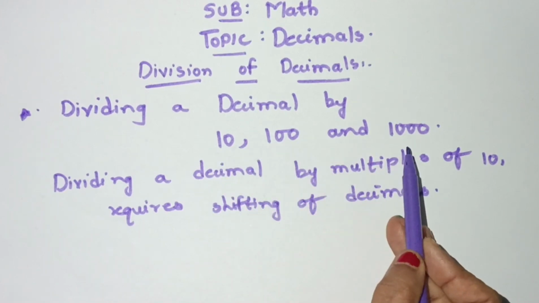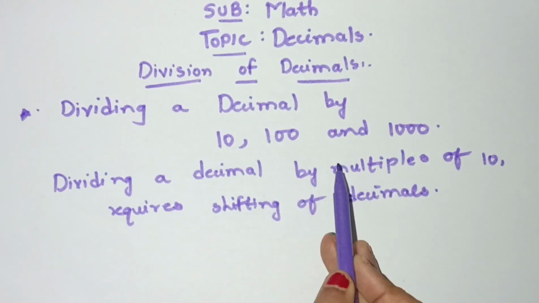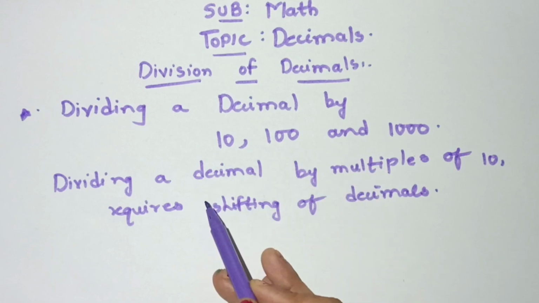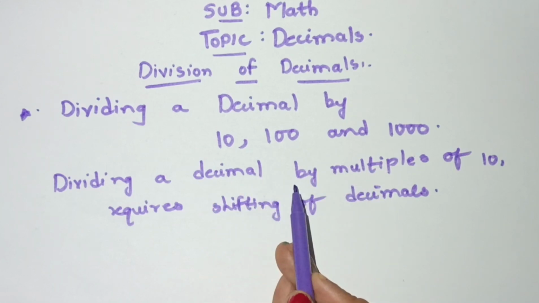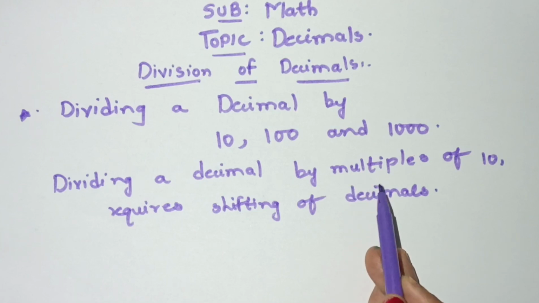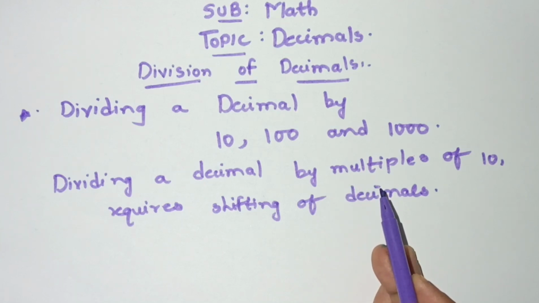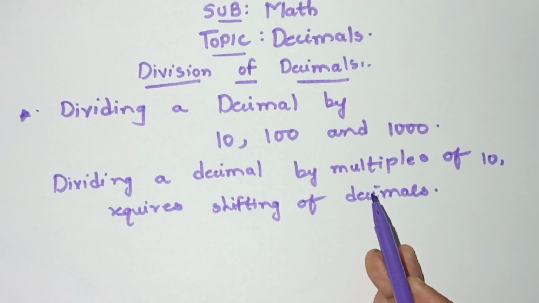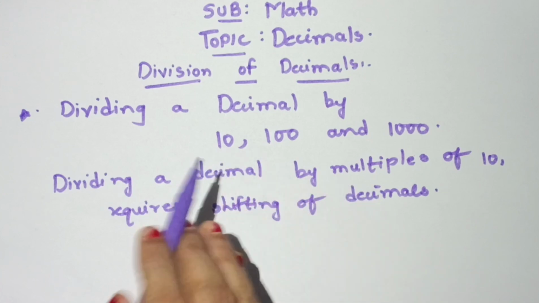10, 100 and 1000. So there you had a different method. Like if a decimal is multiplied by 10, what should we do? The decimal point shifts one place to the right. One place to the right in multiplication of a decimal by 10.